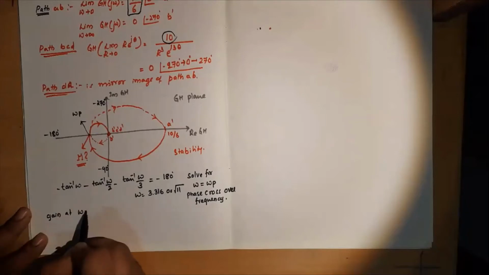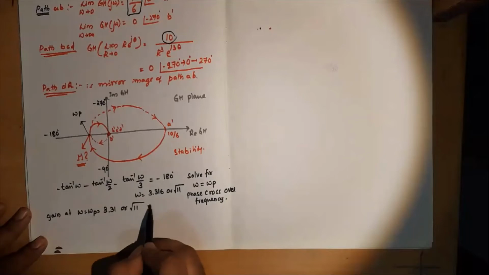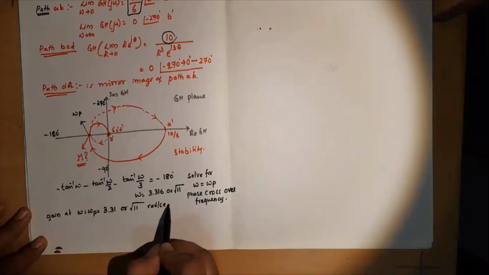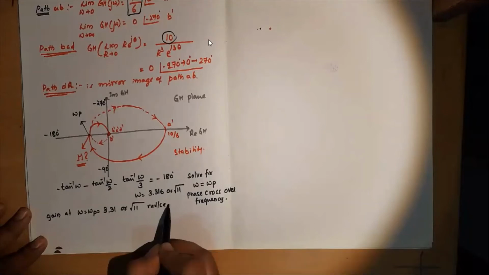Now we need to find the gain at this omega, the gain at omega pc. Do you think the value of m will change now or will it remain the same? Anybody saying there is a change? Please respond. Anybody thinks that the value of m will change?